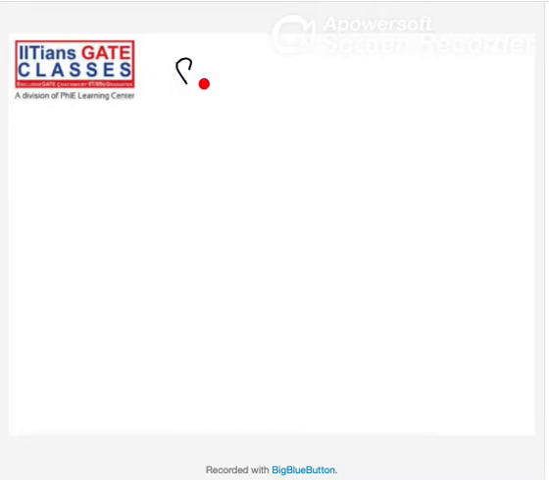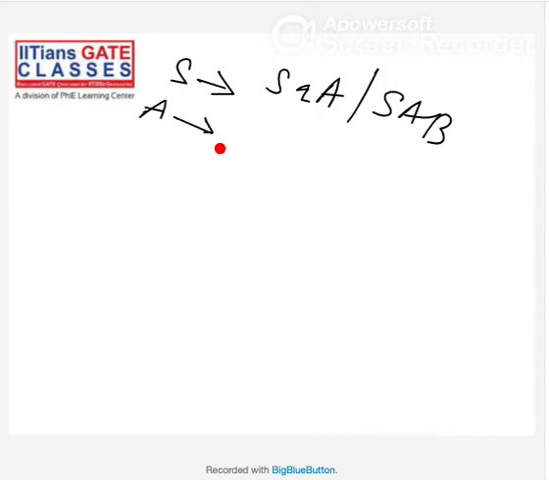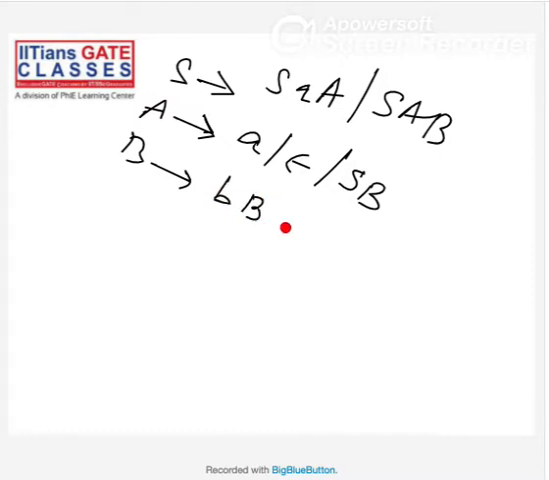Let's try one question. You can try this. S goes to SAA, SAB, A goes to small a, epsilon, B goes to... Try this question.